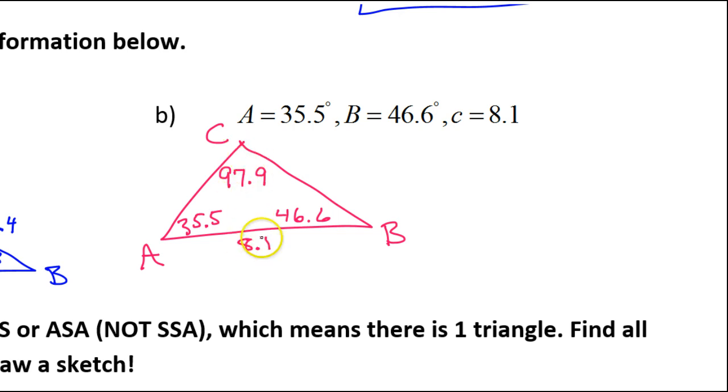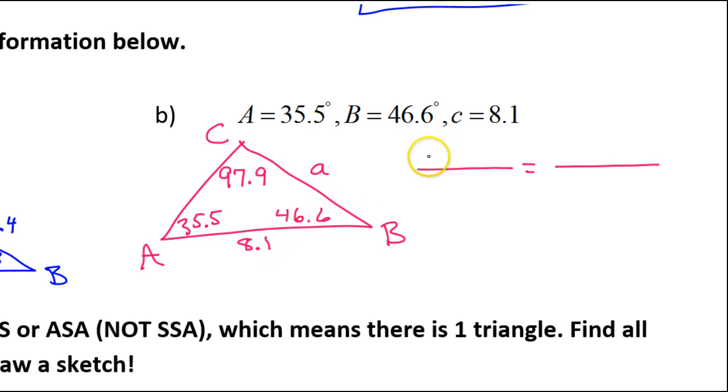I can now do the law of sines. So I'm going to pick either one of these sides to find. I think I'll go ahead and find side A over here. All right, could have found side B, doesn't really matter. Because I'm looking for a side, I'm going to put sides on the top.